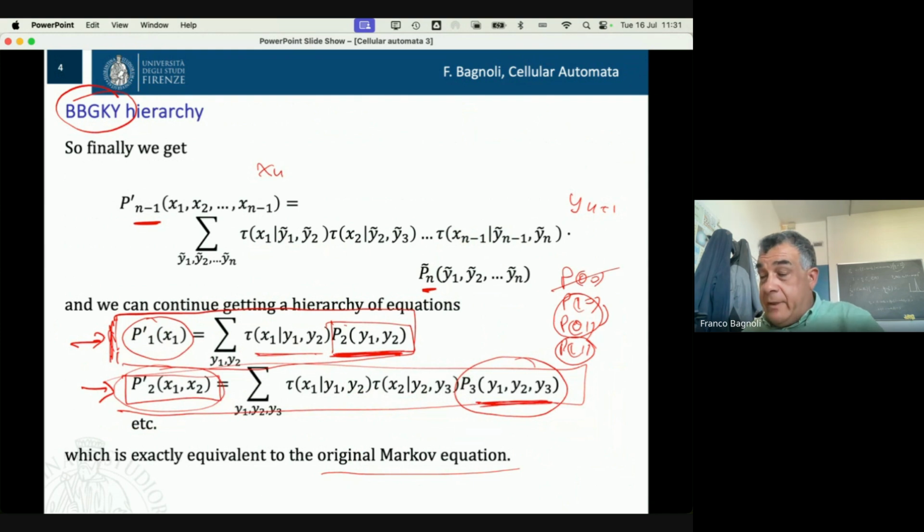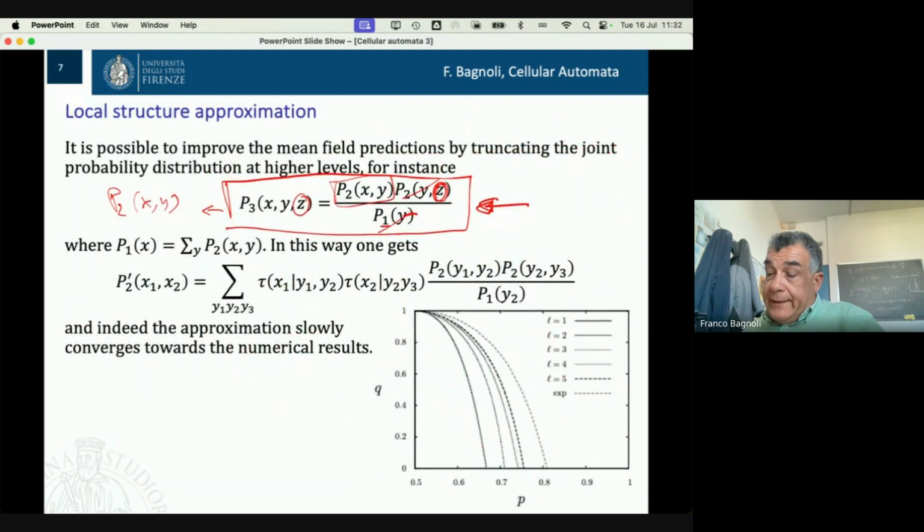So we still have two equations now. And clearly, for a higher order approximation, we have an exponential number of equations, so we have to use a computer. But you see that by increasing the level of approximation, we are approaching the experimental curve.